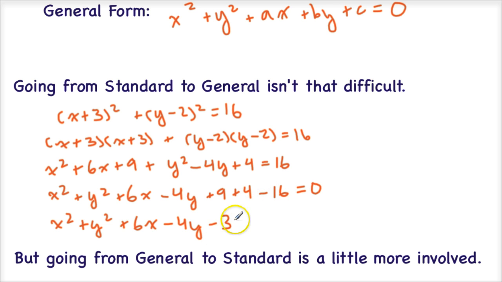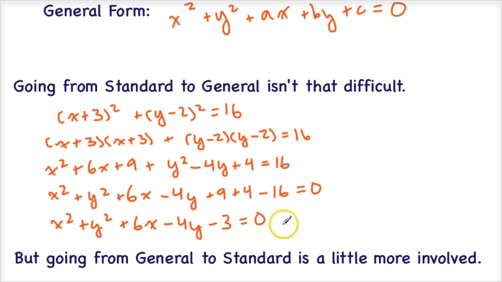Right, so 9 plus 4 is 13, 13 minus 16 is −3. And so that's your c from the general form, and set that equal to 0. So going from standard form to general form isn't that bad. Just FOIL this out and simplify everything so that it's in this form. Move over everything so that you have it equal to 0.